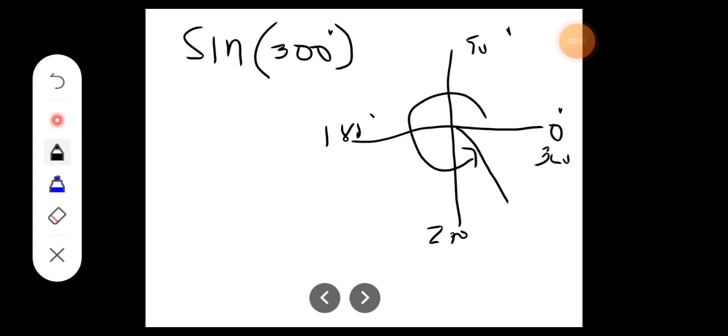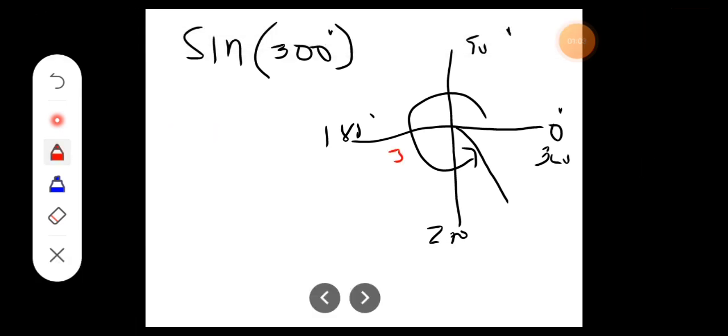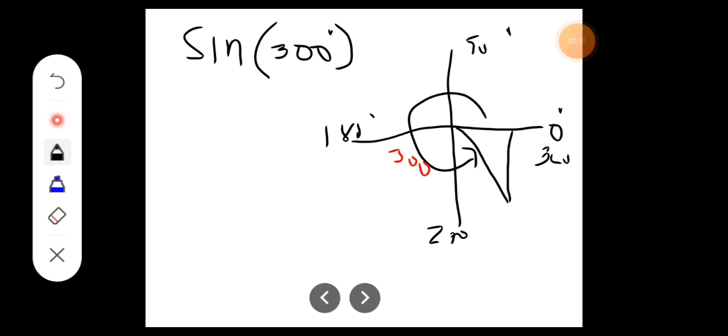That is 300. Now let's turn this into a right triangle.